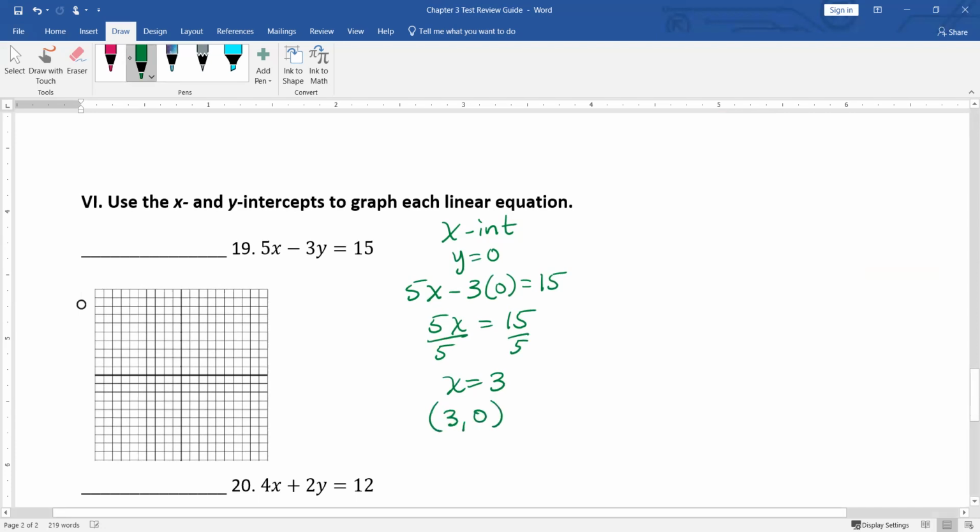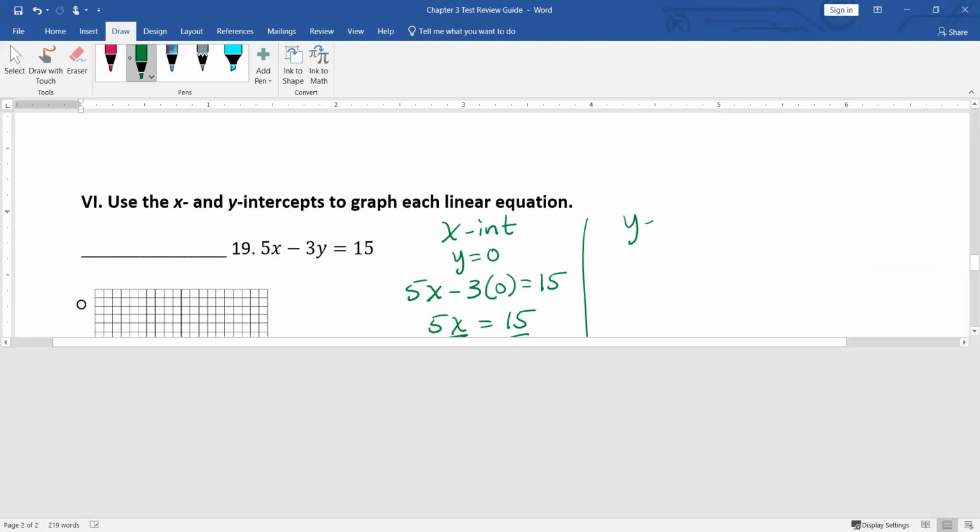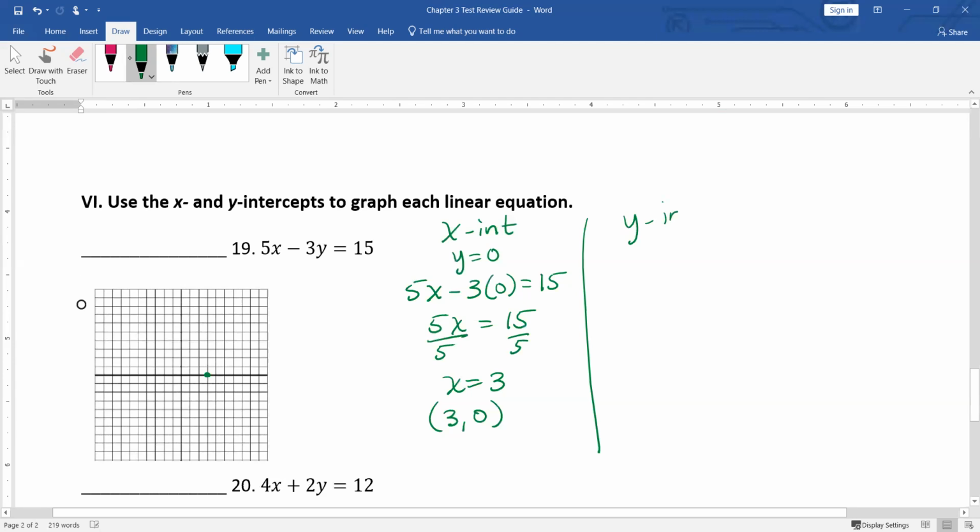I'm going to go ahead and graph that. 1, 2, so somewhere about right here. And then for our y-intercept, we know that it intersects the y-axis, which is the place where x is 0. So now it's 5 times 0 minus 3 times y equals 15.